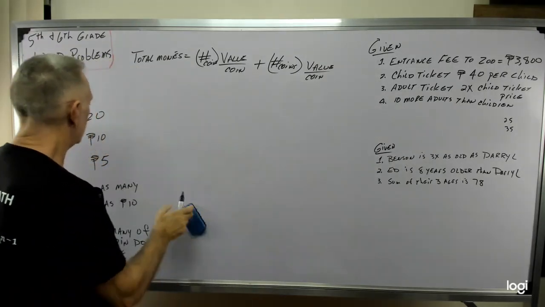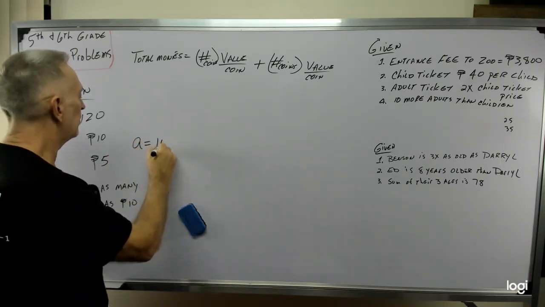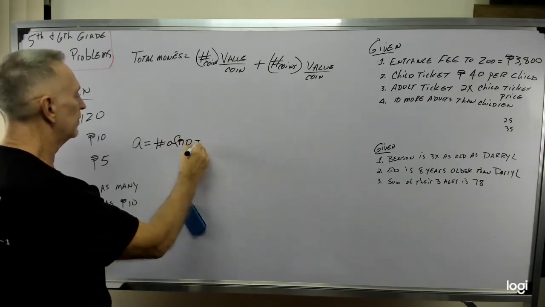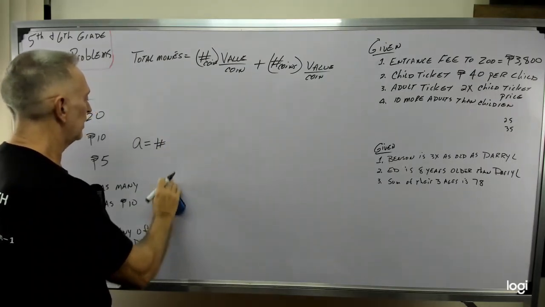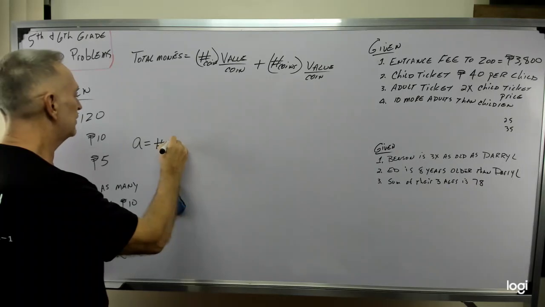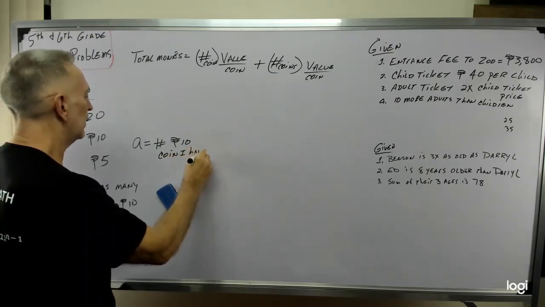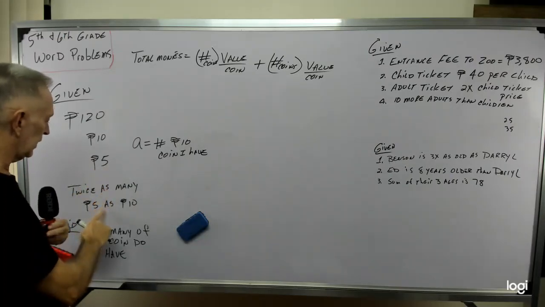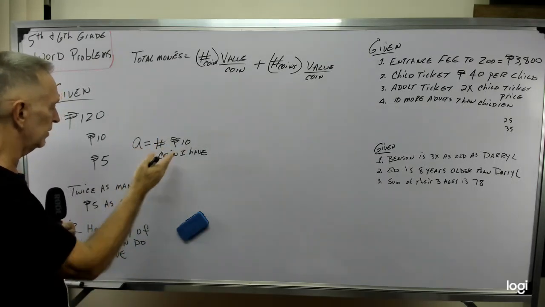Okay, so we said let A equal the number of 10 peso coins I have. The number of 5s is twice as many as the number of 10s.